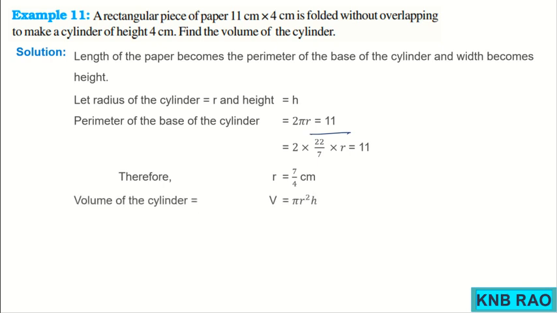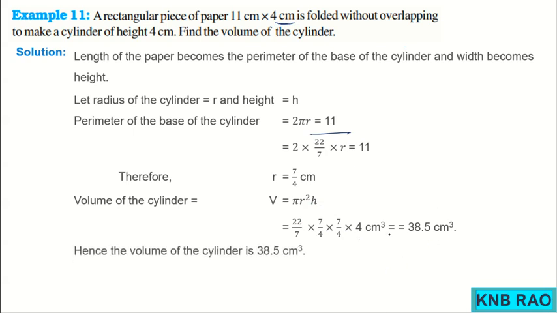Therefore volume of the cylinder is pi r square h. With the help of r and h, where h we already know is 4 centimeter, (22/7) into 7/4 into 7/4 into 4, so 38.5 centimeter cube is the volume of this cylinder.